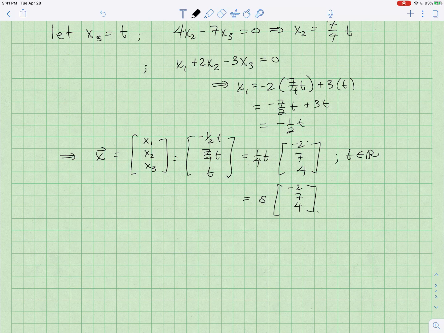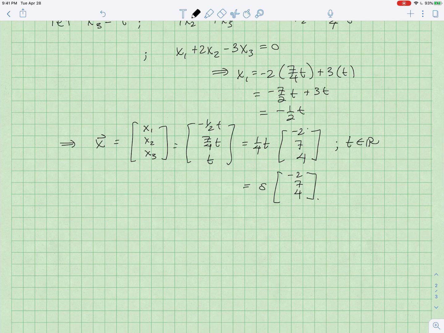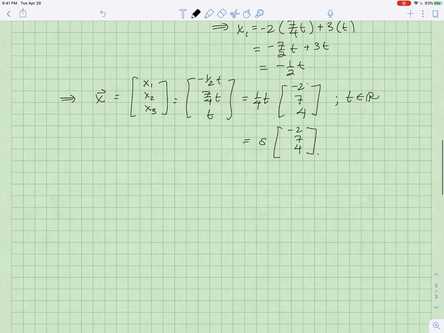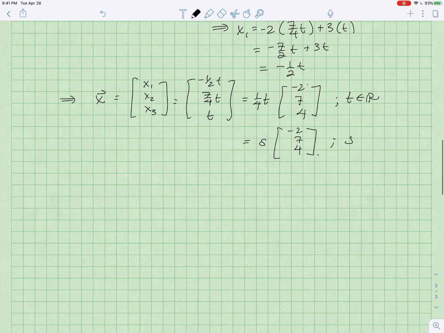And so that is the set of all possible vectors that when I apply A to it using scalar or matrix multiplication, I will get the 0 vector. And we can double check that. We just have to choose a value of s, where s is any real number.